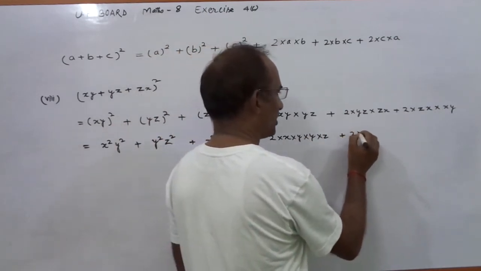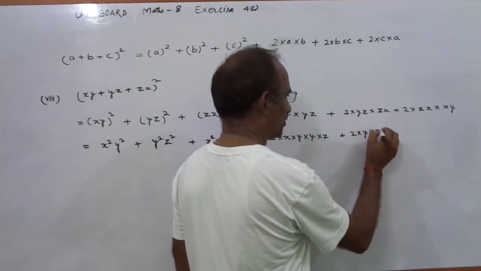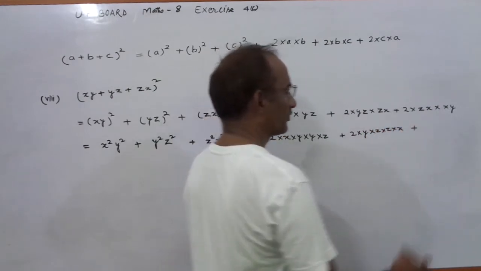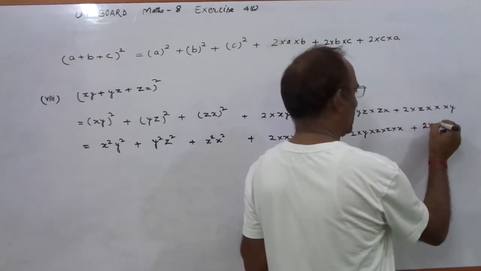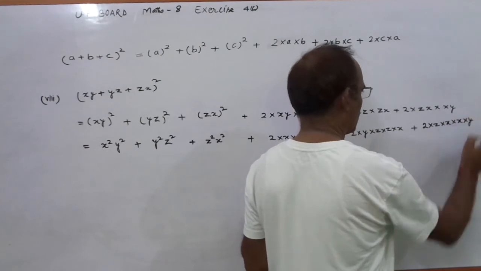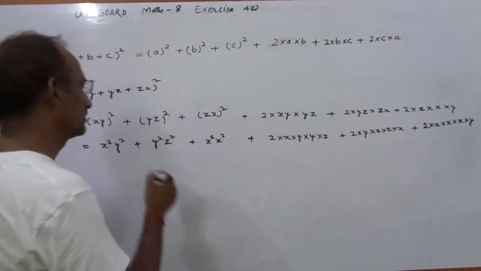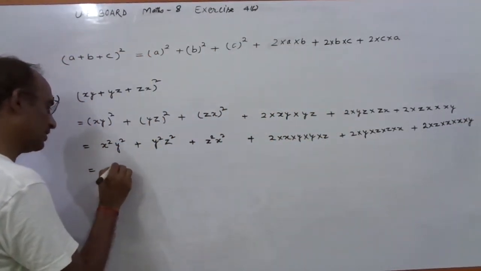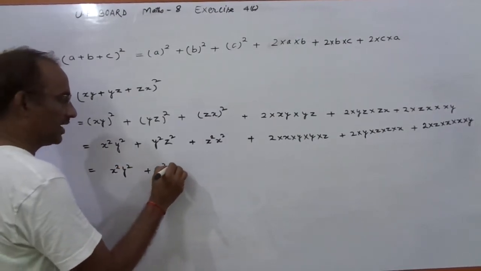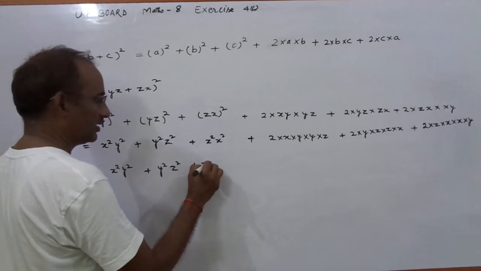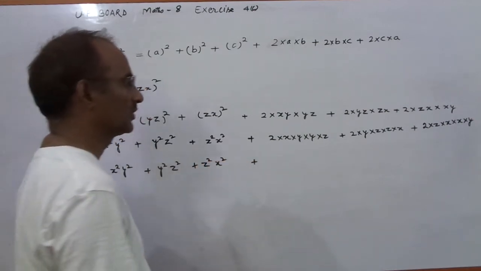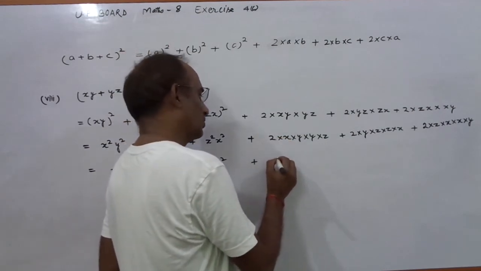Here we write 2 into y into z into x plus 2 into z into x into x into y. So this can be written x square y square and y square z square and z square x square and plus 2.